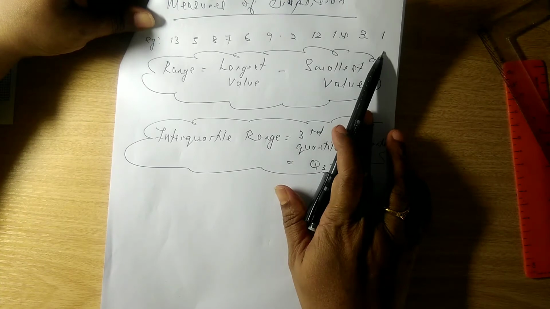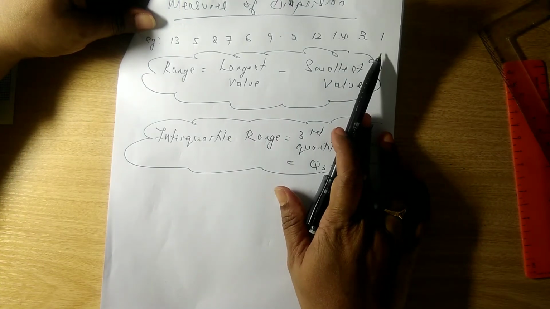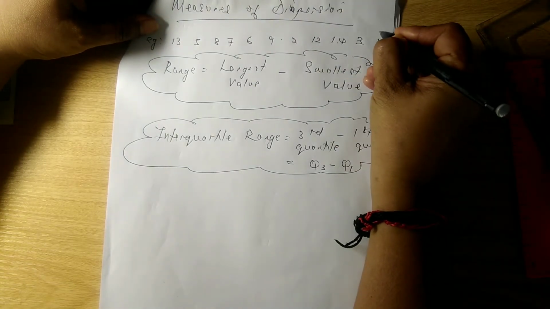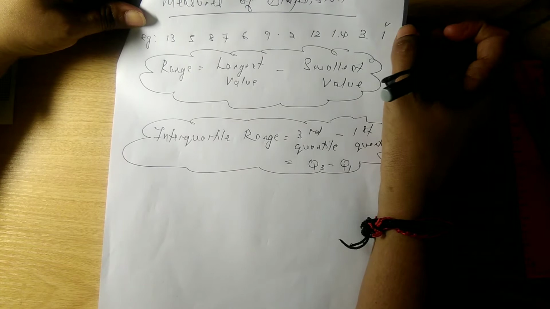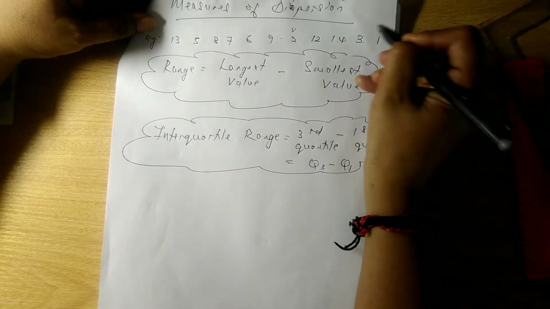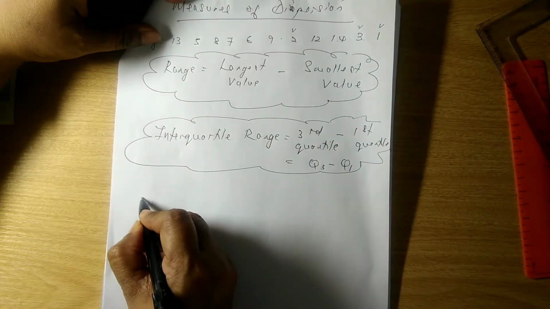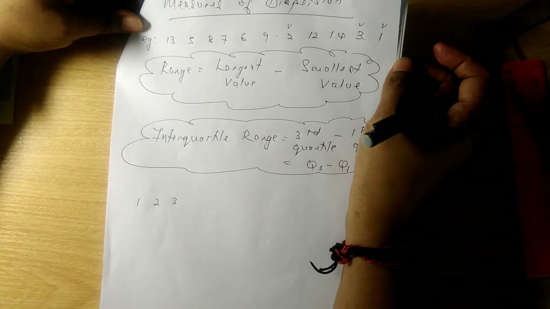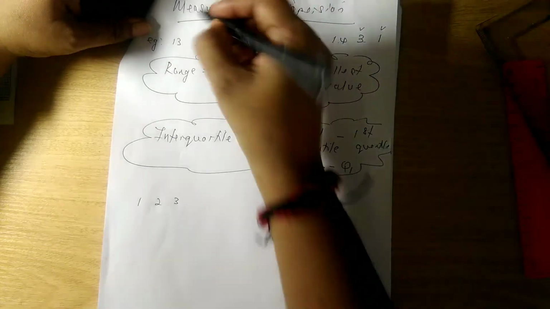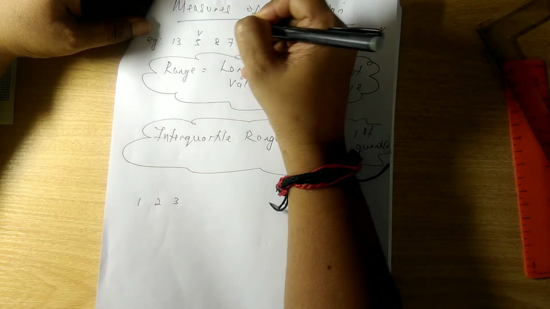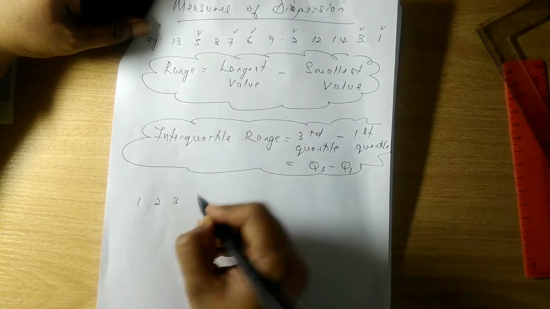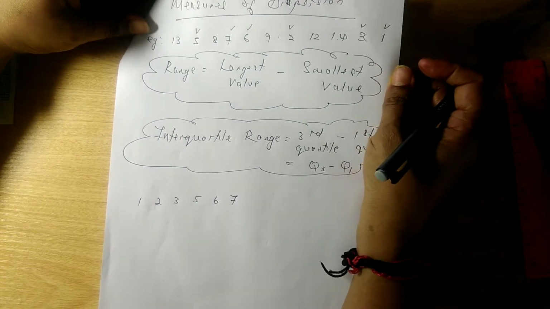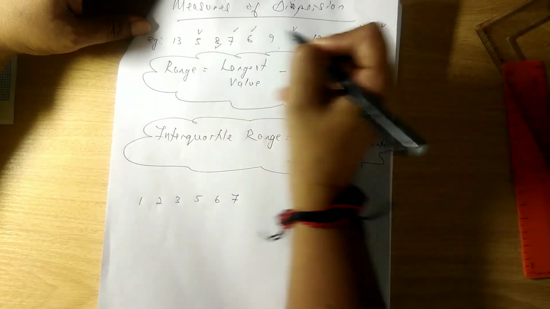Now before we calculate the range, we arrange the data in ascending order. We'll start with 1. There's no 2. So 1, 2 here. There's 1, 3 here. So it's 1, 2, 3. There's no 4. So it's got a 5, a 6, and a 7. Followed by an 8. There's a 9.